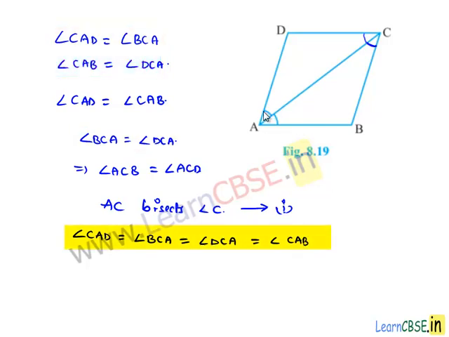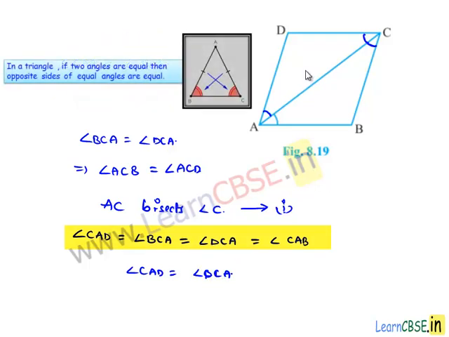So now by considering angle CAD is equal to angle DCA, and by applying the concept that sides opposite to equal angles are equal, we can say AD is equal to CD.